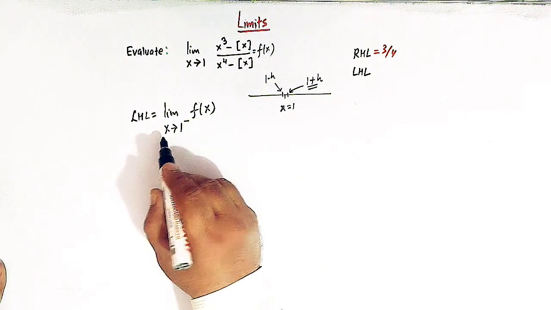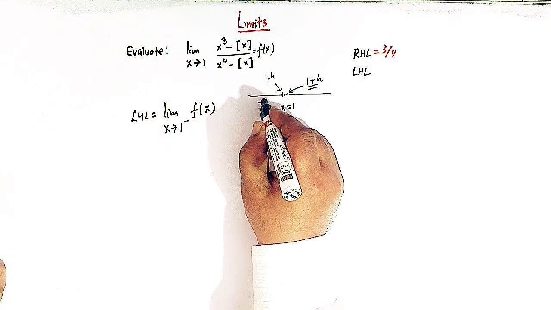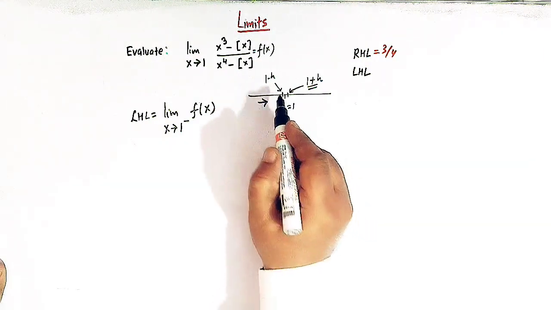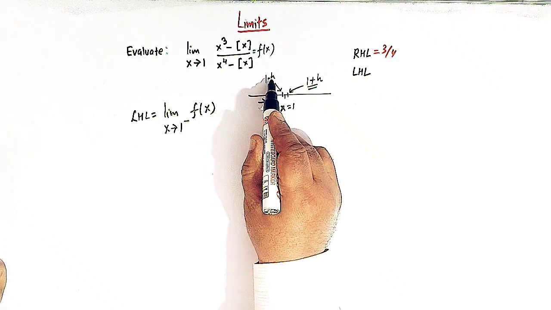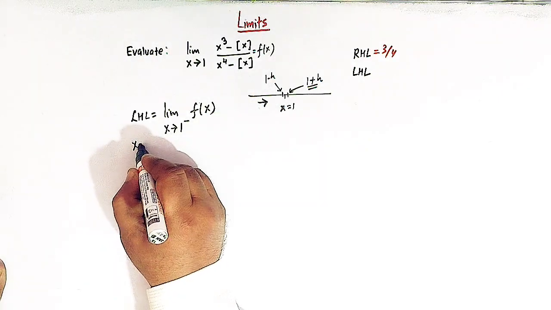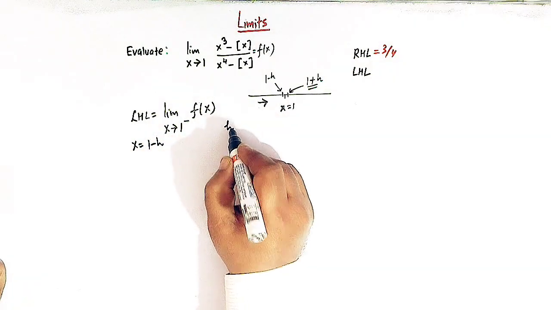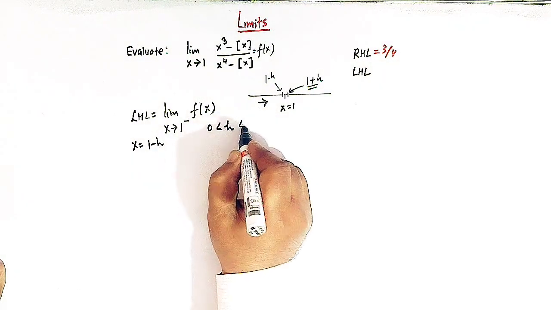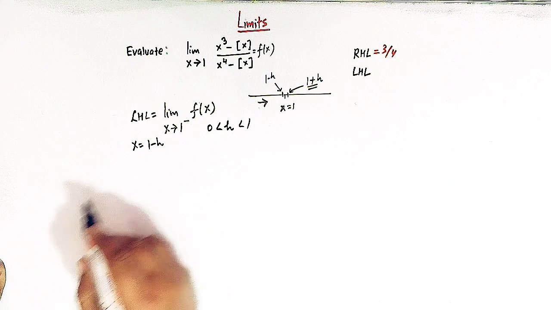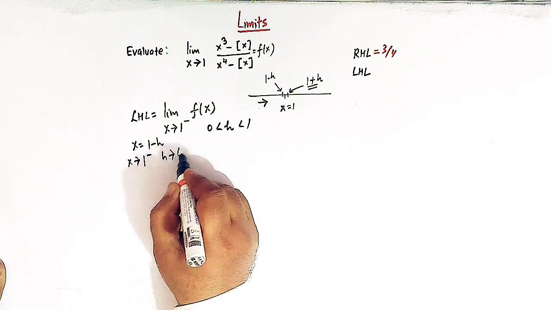So now when x approaches 1 from the left side of 1, then we come close to this point, that is 1 minus h. So we'll take x equal to 1 minus h, and again h is infinitesimally very small, and it lies between 0 and 1. And here when x tends to 1, then h tends to 0.